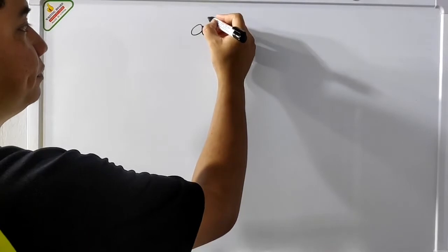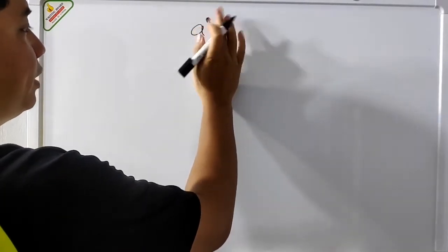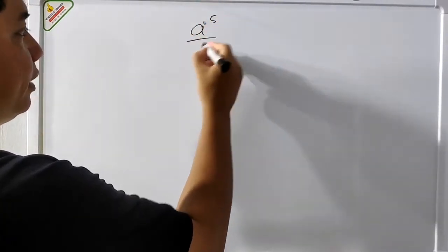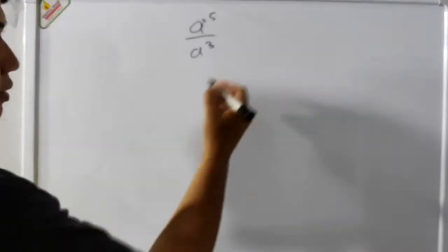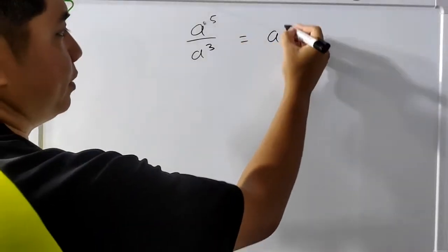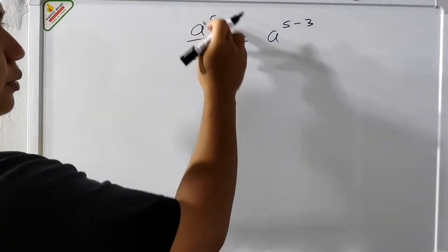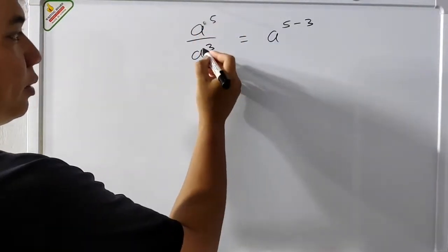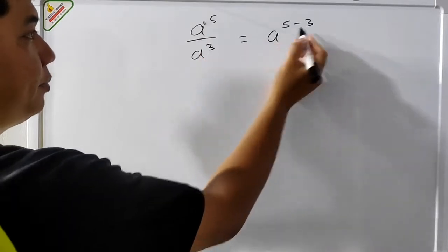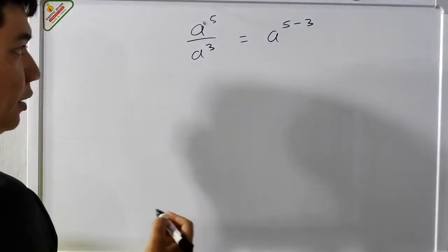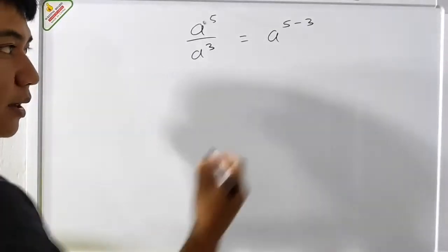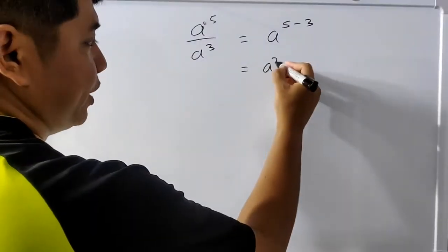For example, a to the power 5 by a to the power 3 is a to the power 5 minus 3, for the same base. When we take 3 up, it becomes minus 3. So it is 5 minus 3 and it is a square.